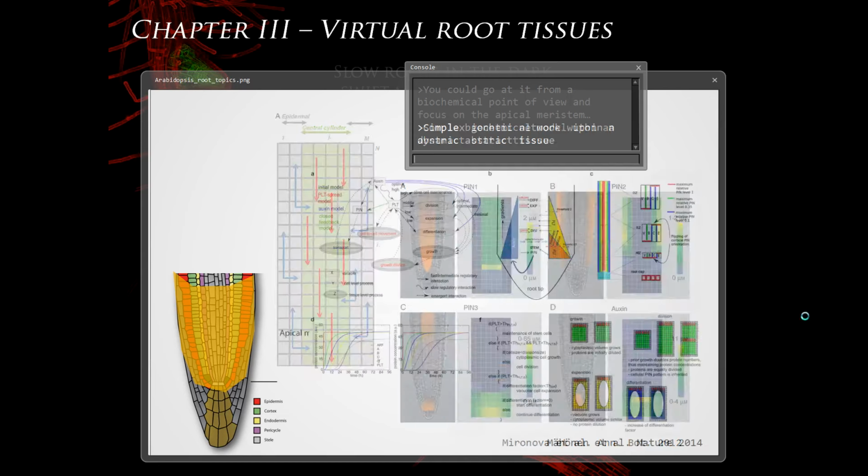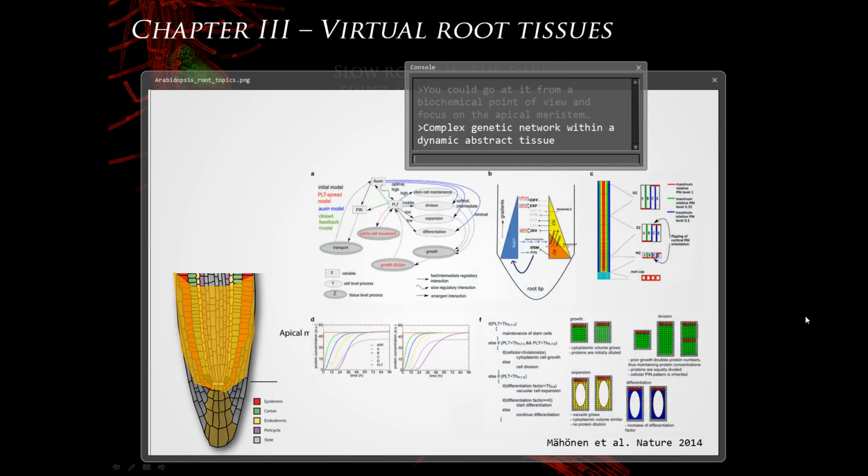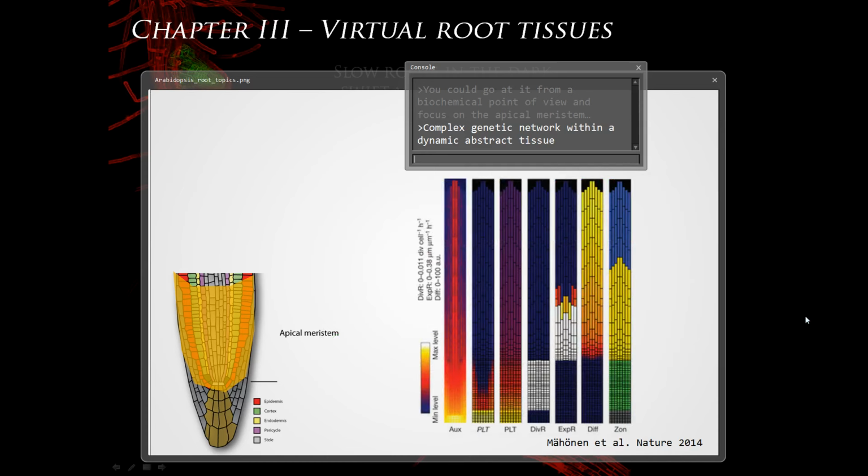Now we can also go way further and describe a complex genetic network within a dynamic abstract tissue, and that's the work from Marlin et al. 2014, where we described extensive genetic networks and all kinds of information fields, which are hormonal gradients and rules for cell division, cell growth, and all kinds of things. And basically, we're able to recreate the oscillation pattern we have mentioned earlier.